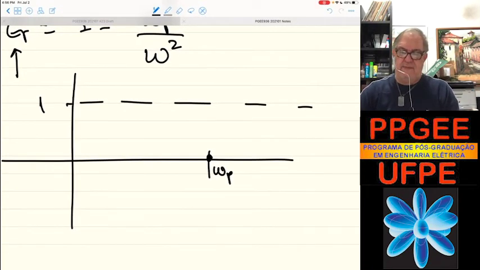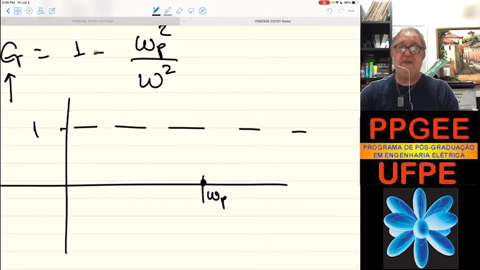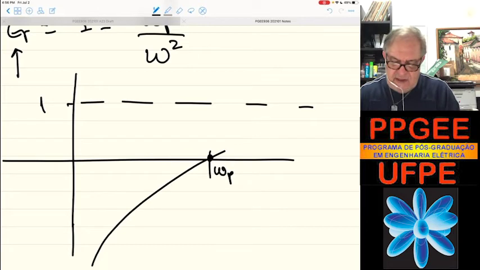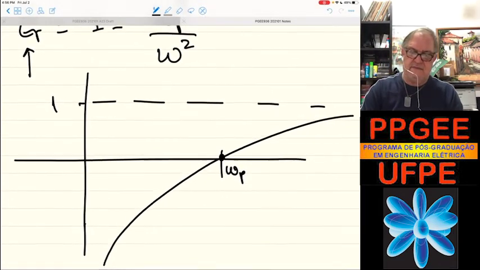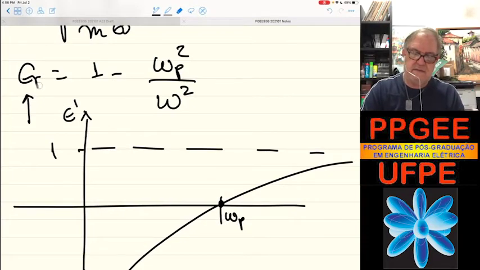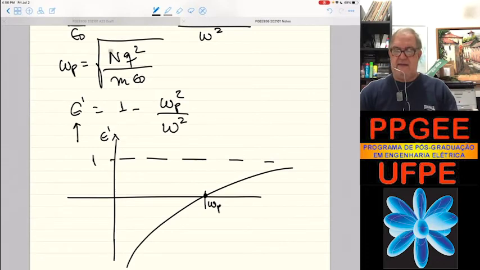And for omega smaller than omega p, this goes negative. And that's what it is. If you look into the permittivity of a metal, this is epsilon prime, sorry. The permittivity of a metal has negative values for omega smaller than omega p.